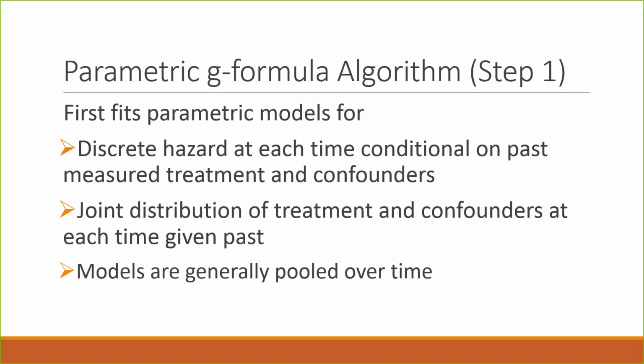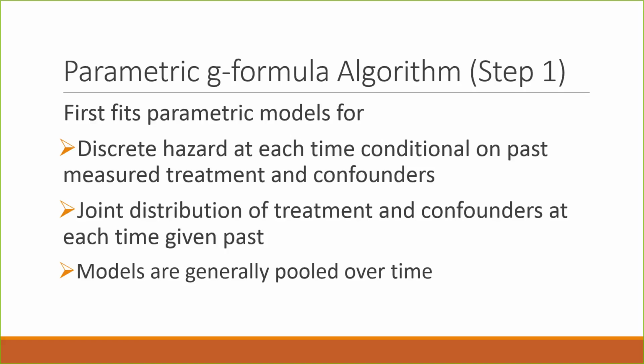This is what we mean by hazard. So by discrete hazard, we mean just the probability of dying in month k, given you survived to month k minus 1 and remained uncensored to k minus 1, and then also conditional on your whole observed treatment and confounder history through that time. So these are going to be used to piece together into that risk conditional on the path.